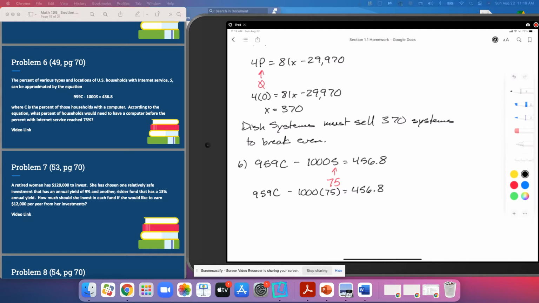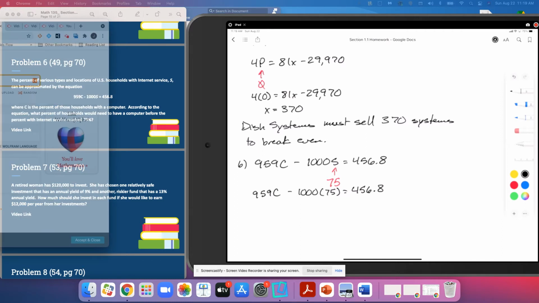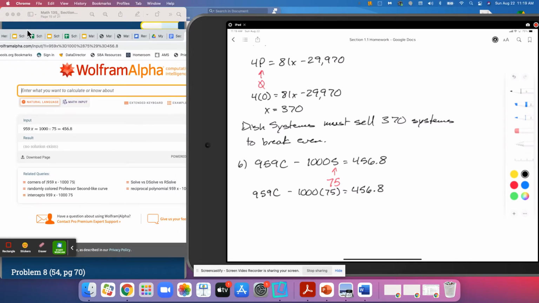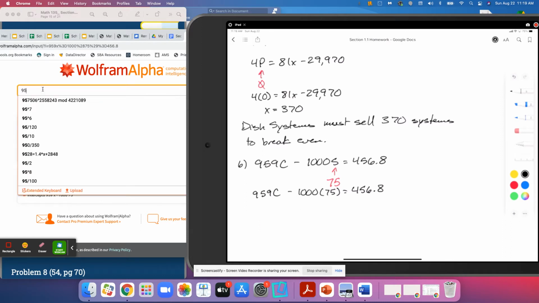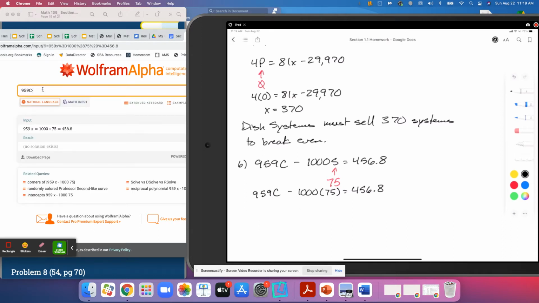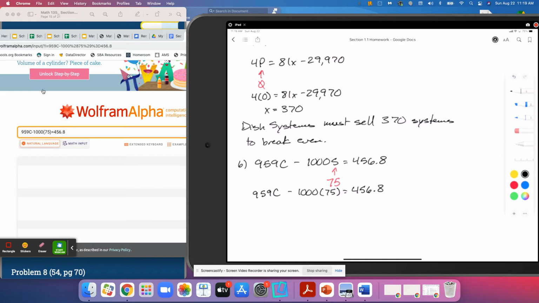One thing I do need you to recognize about Wolfram is that sometimes we have to be careful about the variable that we use in there. So I'm going to go ahead and put in the C, and you will see that Wolfram is going to say, hey, do you want me to interpret this as degrees Celsius, or do you want me to interpret this as a variable?